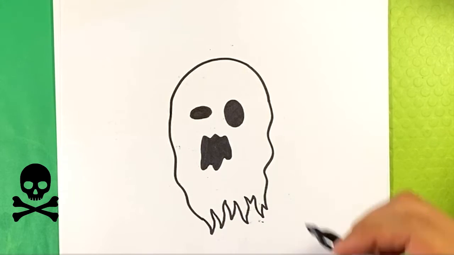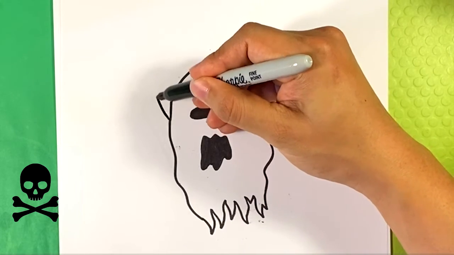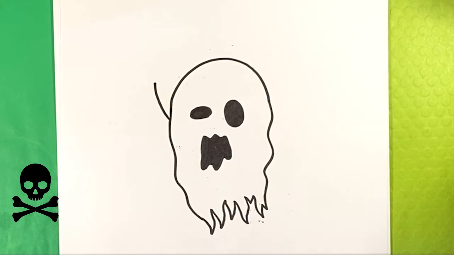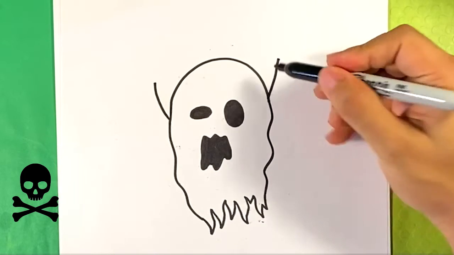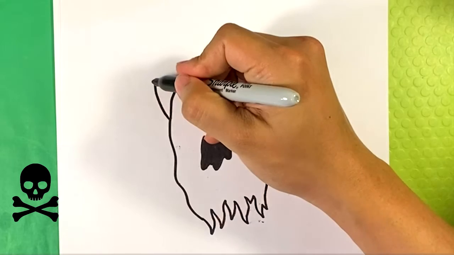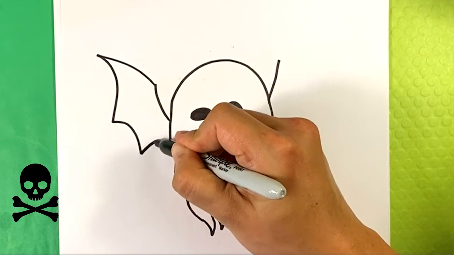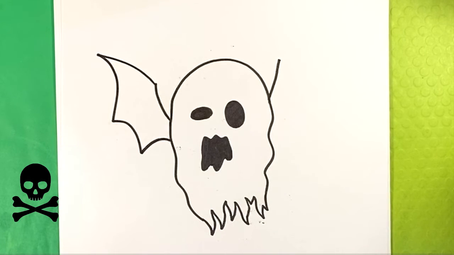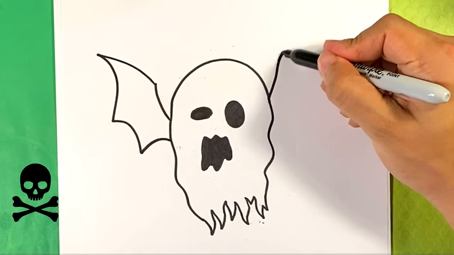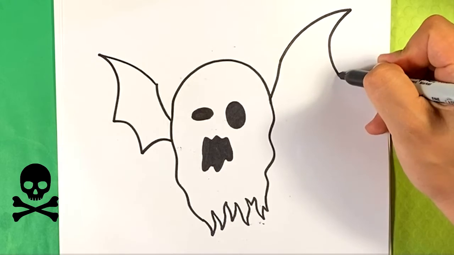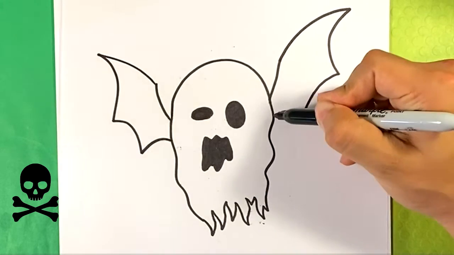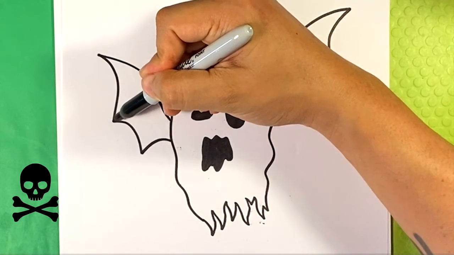And there you go. Gonna go over here, line up for the bat wings here, line up over here. Out, curve in right there for that one side. Gonna go over this side, same thing, just a mirror image, curve. And I'm gonna fill this in.